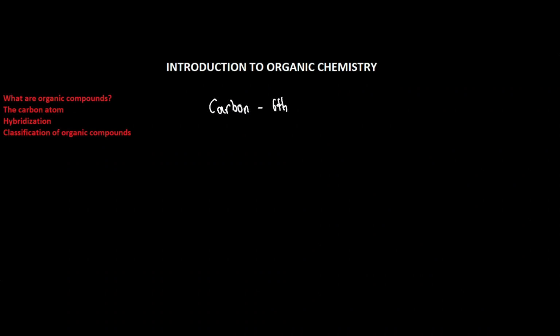Now, the electronic configuration for the carbon atom is 1s2, 2s2, and 2p2. As we can see, when we add the superscripts, they equate to 6. Of course, we know that the p orbital contains 3 subshells.